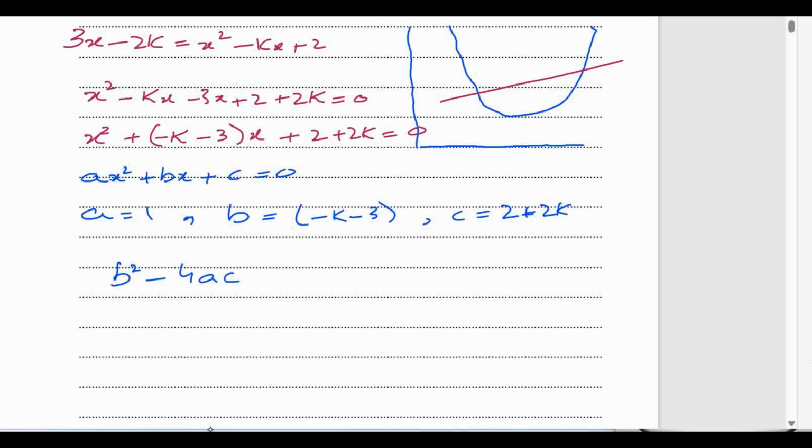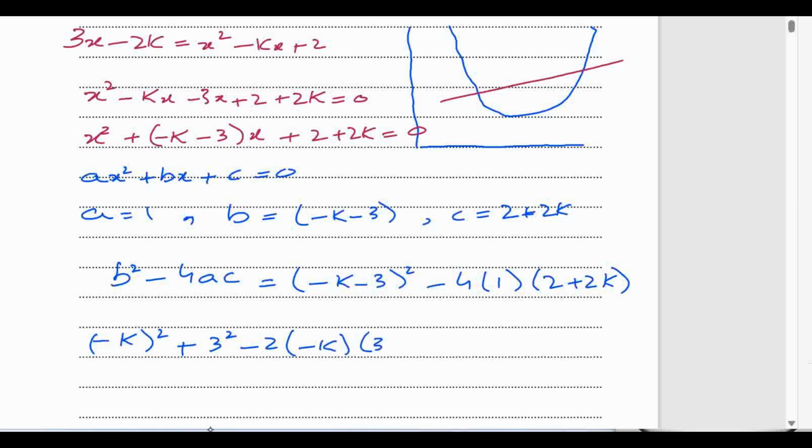So b square means this will be minus k minus 3 whole square minus 4a, and c is 2 plus 2k. Now if we further simplify it, we can open it up and use the formula a minus b whole square. Be careful about the signs.